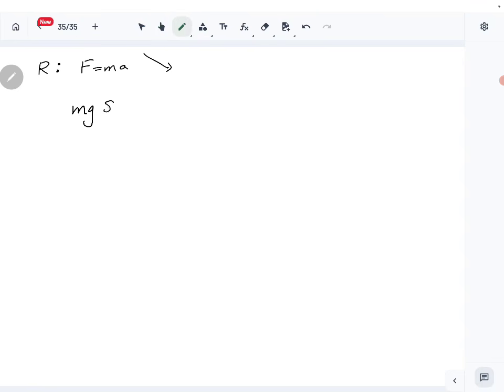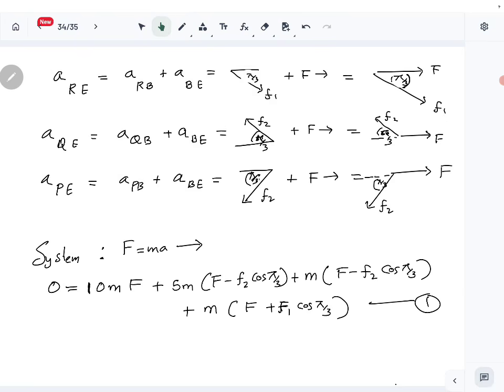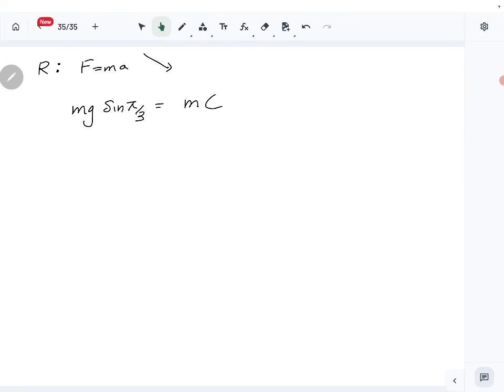Mg sine pi over 3 is equal to what? M into acceleration along the plane down. So F1 is along the plane down. F cos pi over 3 component, that is also plus. So simply F1 plus F cos pi over 3. Right, second equation.